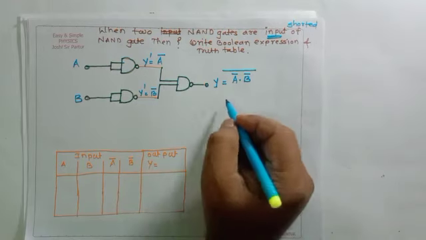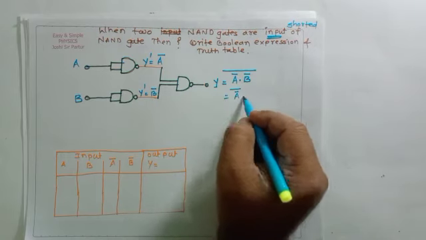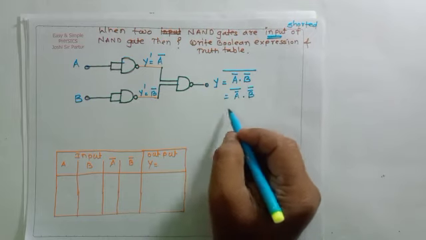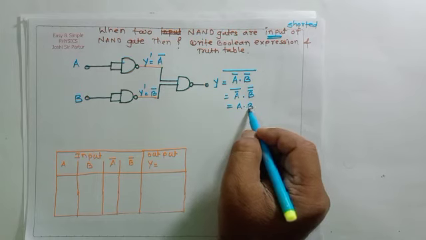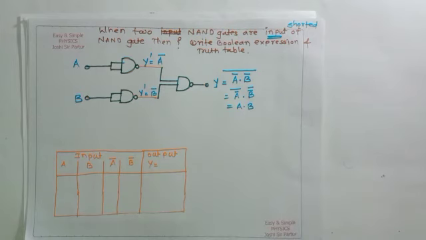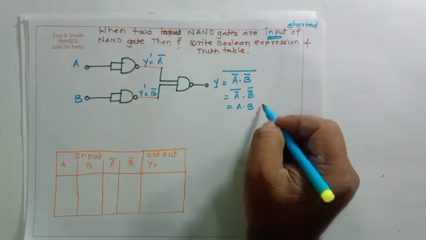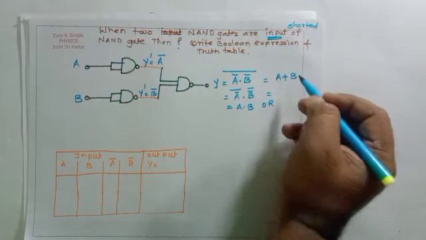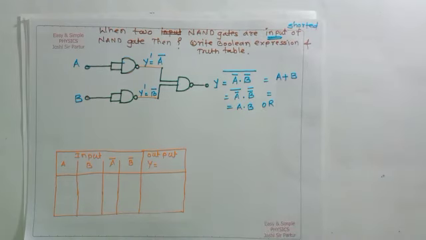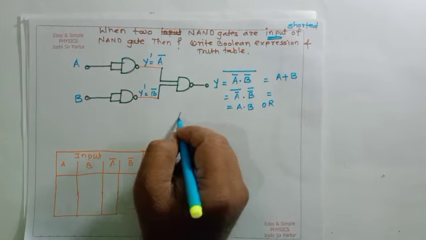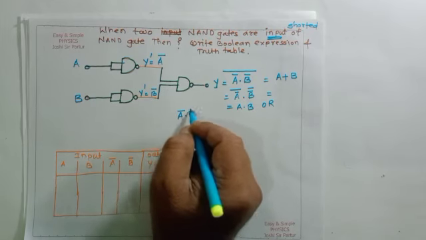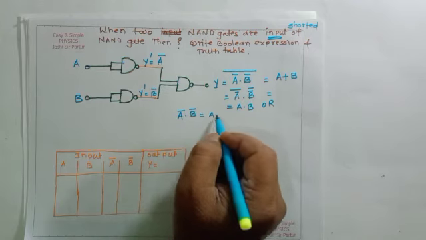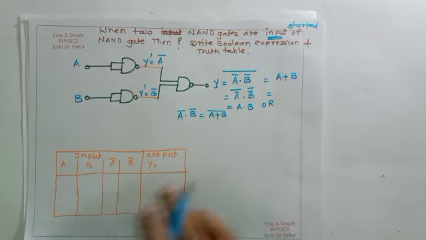We can also represent the output as complement A its complement and complement B its complement, meaning A and B. It will also represent OR, A or B. The circuit can represent an OR gate, because using De Morgan's theorem, complement A and complement B, the complement of that, is equal to A or B. So we can take it as an OR gate, that will be A or B.